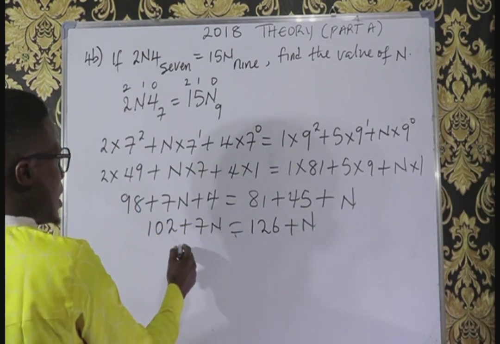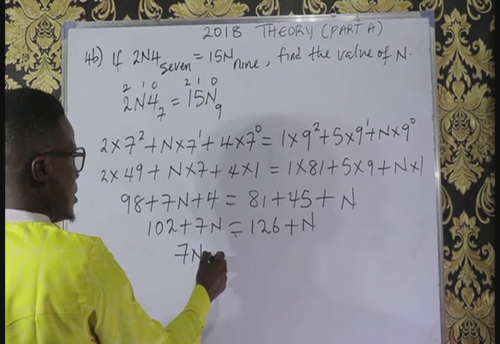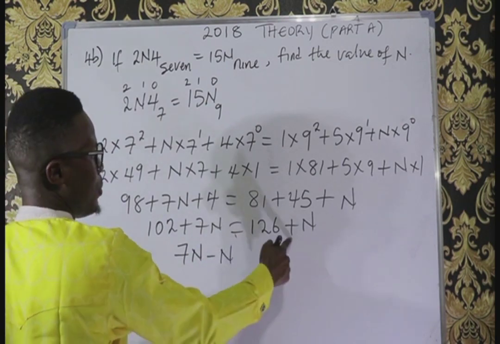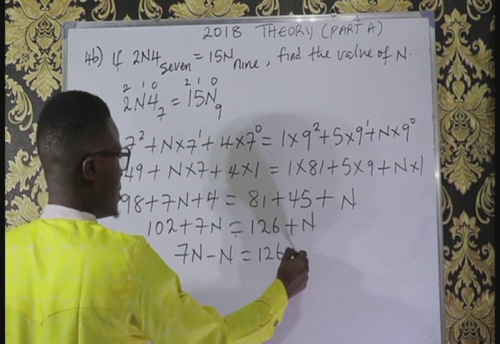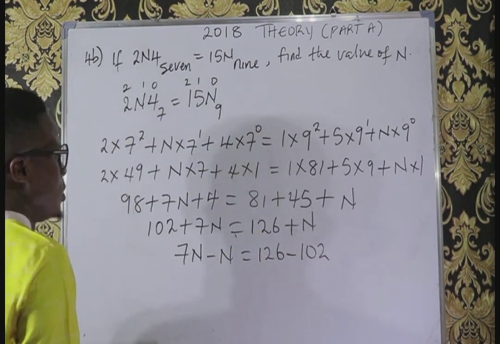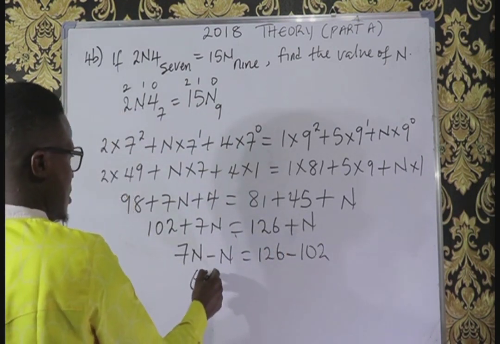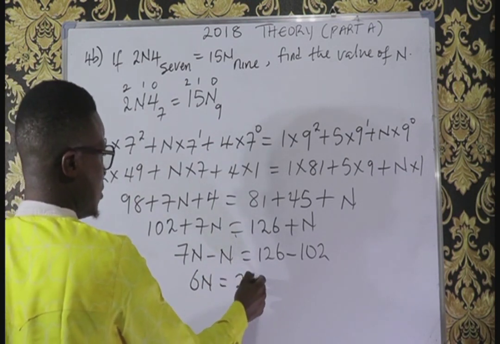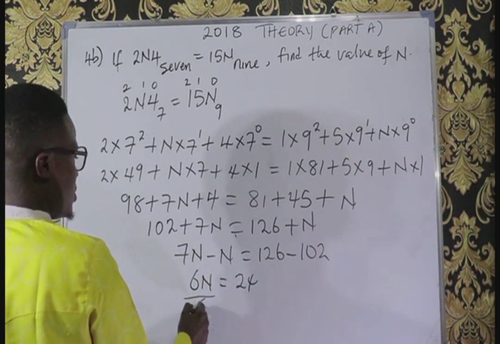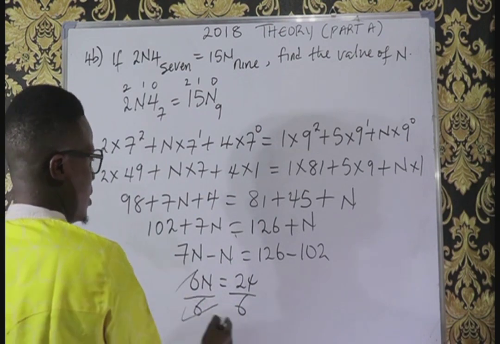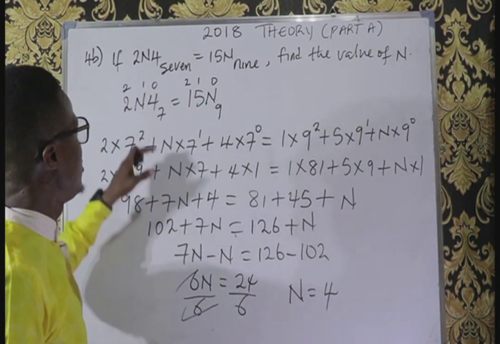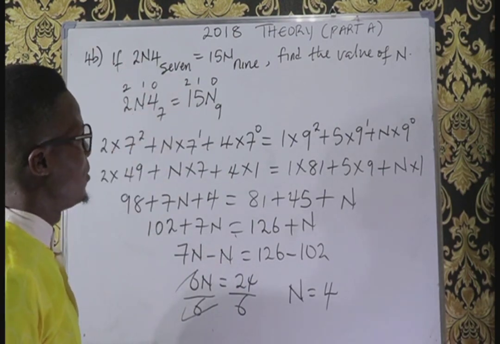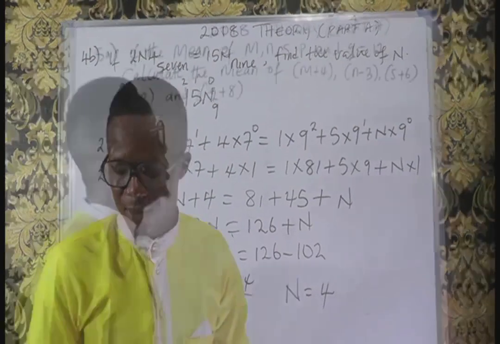Collect like terms, we shall have 7n minus n, positive coming here is negative, equals 126 minus 102. So that 6n will give us 24 when I subtract. Divide both sides by 6. If I do that, n will give me 4. Therefore, the value of n is 4. So let's take another question.